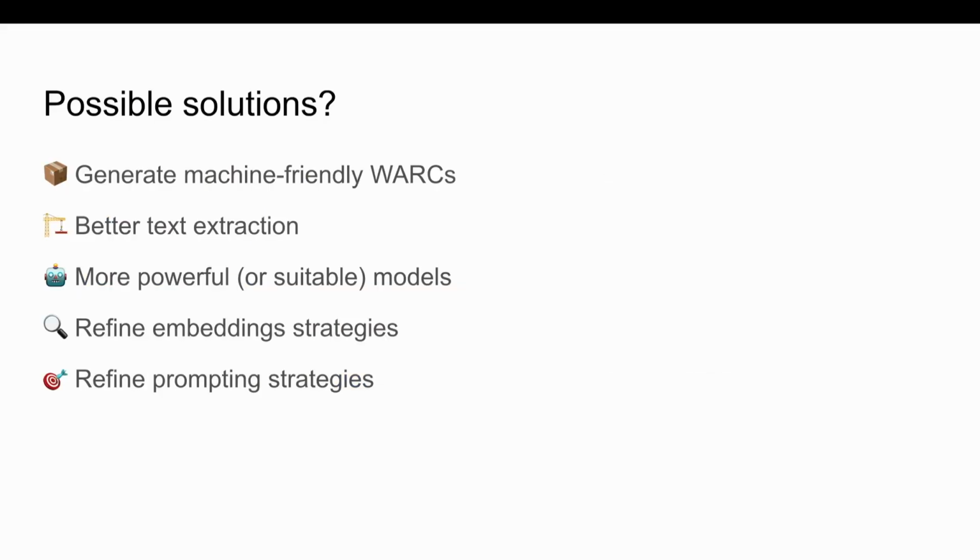So, possible solutions. One of the really important parts of a RAG pipeline is your data. Obviously, garbage in, garbage out. With Archive-It, the works are created for human consumption.